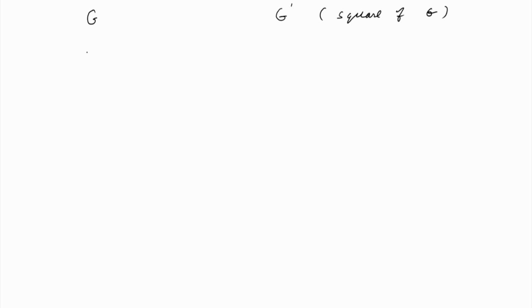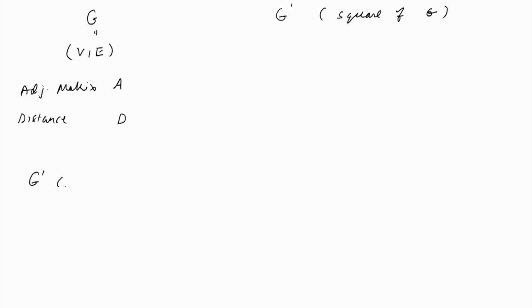So, G is the graph denoted by V comma E, and let A be its adjacency matrix. Okay. And let D be its distance matrix. When we talk about the square of a graph, it means a graph obtained by adding all those edges such that the vertices were either connected by an edge in G, or they were connected by a path of length 2.